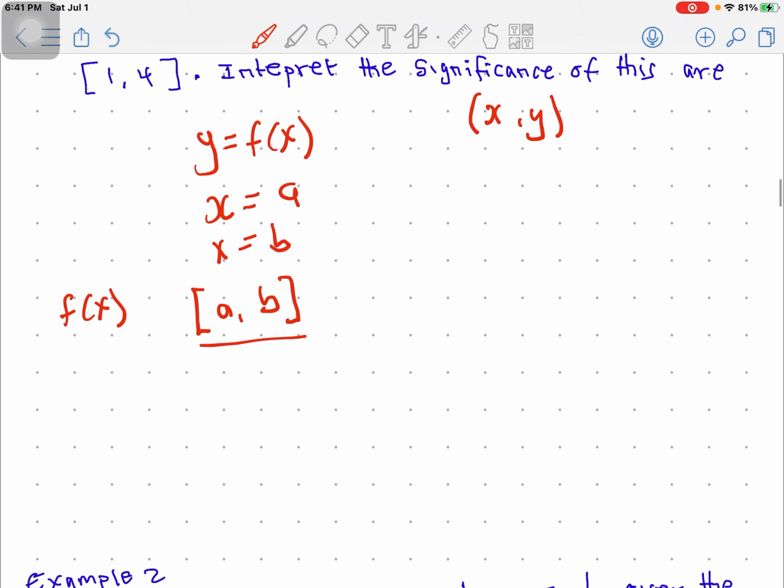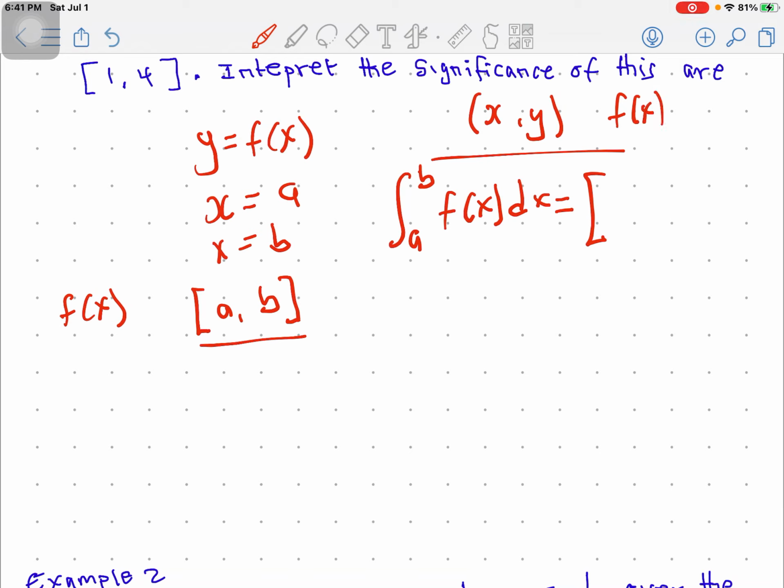So based on that we can say that the integral from a to b of the function f of x dx, with respect to x, is equal to the following. Assuming f of x is the function, its integral is the same as the capital F of x, assuming this is the notation we are using.